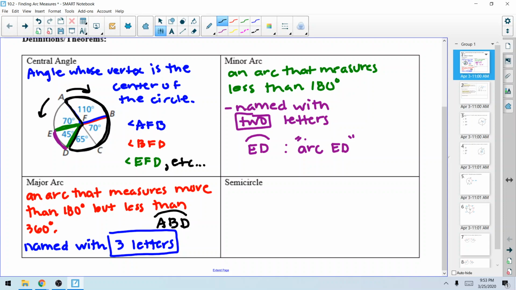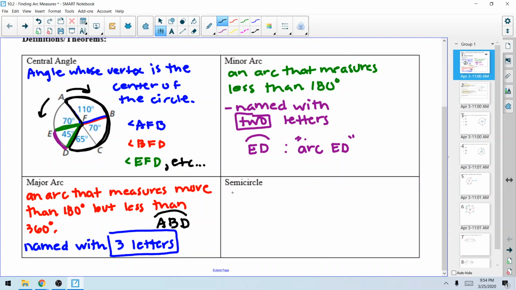Well, that's the minor arc. So if I give you 2 letters, AD, that tells you minor arc, go the small way. Versus if I give you 3 letters, it's giving you, okay, wait a minute, you have to go from A to B, then D, so it maps out a larger arc and gives you direction to go, kind of like clockwise versus counterclockwise. Oh, and speaking of that, naming an arc doesn't always have to be clockwise or counterclockwise. You can name it any way you want.